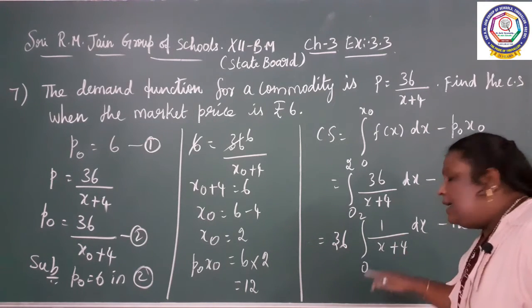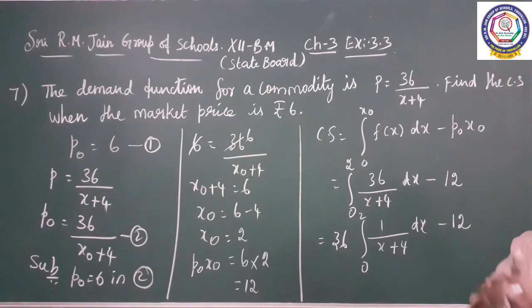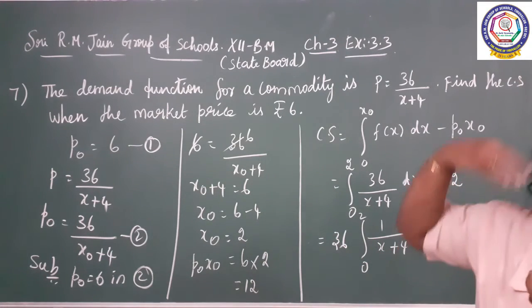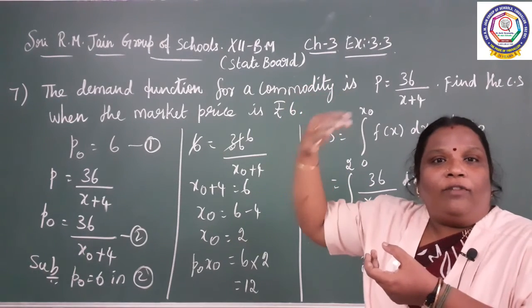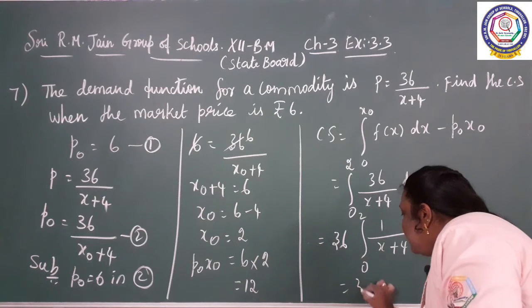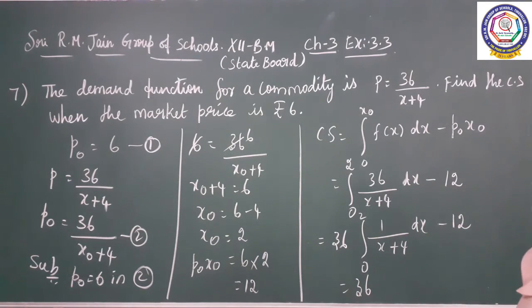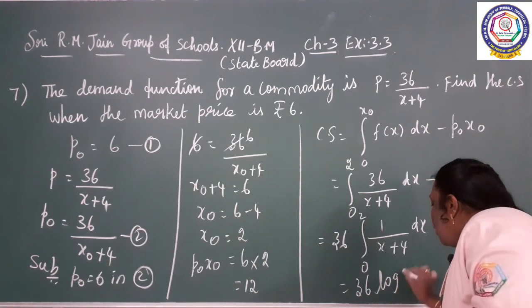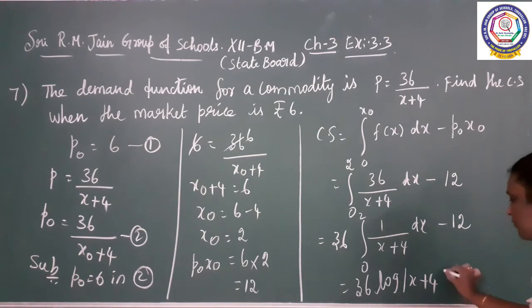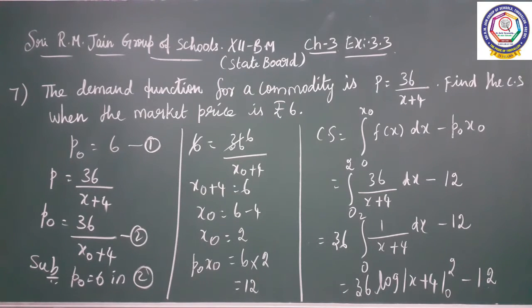See here, differentiation of x is 1, differentiation of 4 is 0. When we differentiate the denominator, we are getting the numerator. What are we going to write? Log of modulus of x plus 4. What is the limit? 0 to 2, minus 12.